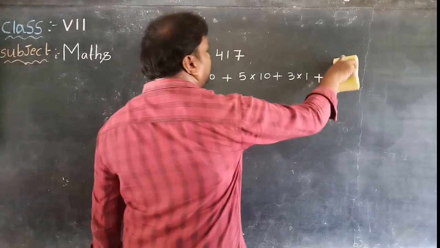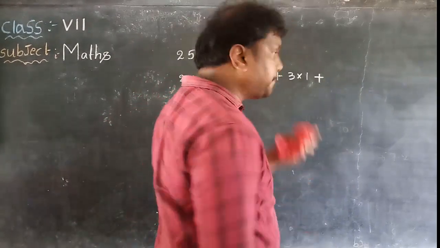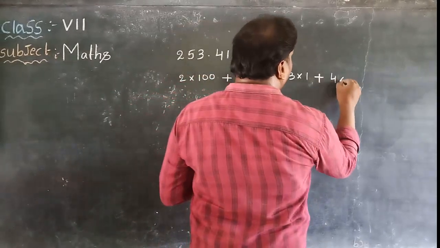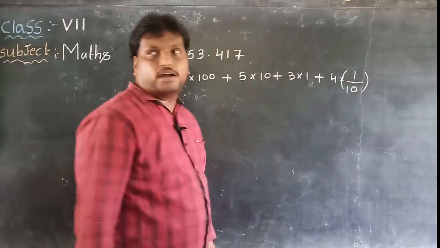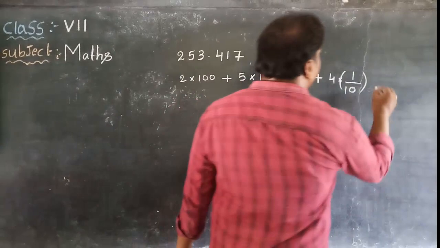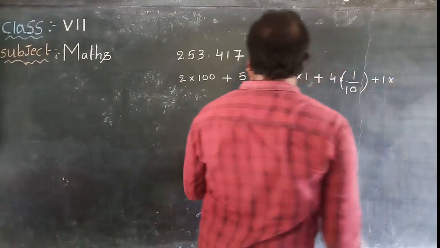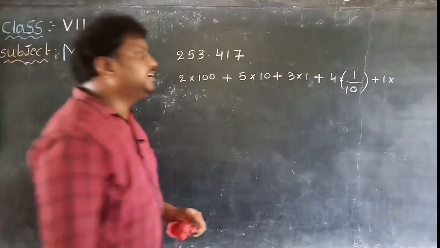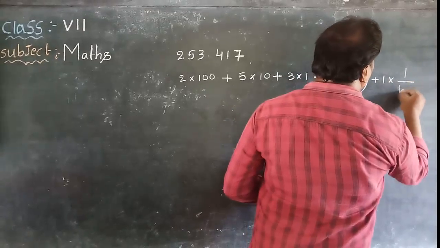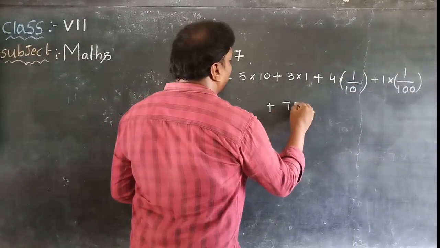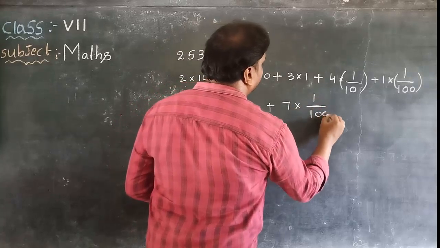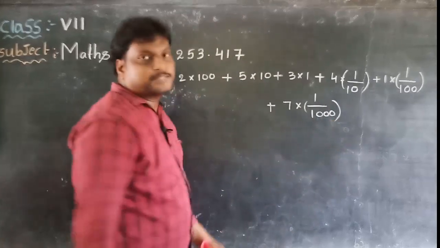Otherwise we can write 4 into 1 by 10 plus 1 into 1 by 100 plus 7 into 1 by 1000. This is the expansion.